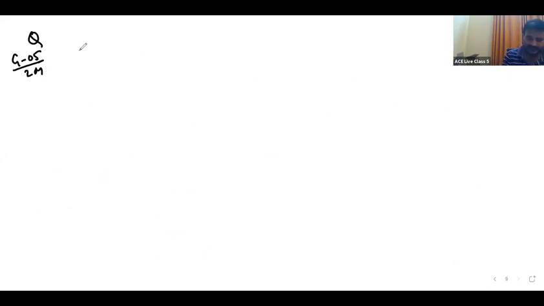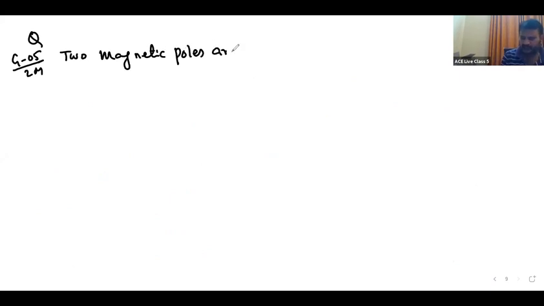Question is like this: two magnetic poles are revolving around a stationary armature.